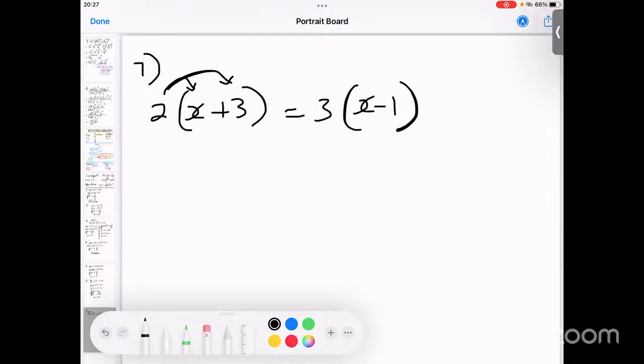Remember when I started, I said we've got three things: the signs, the numbers, and the letters. So the sign will always multiply a sign. The number will always multiply a number. The letter will always multiply a letter. Just keep it simple in that way.